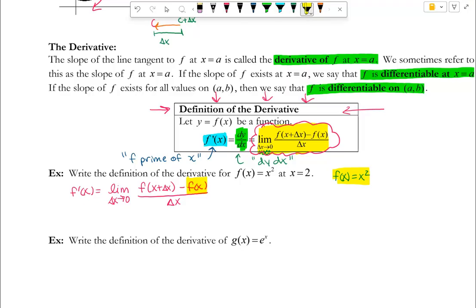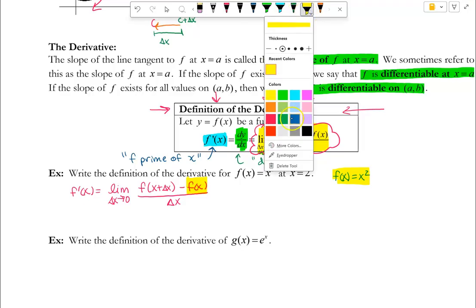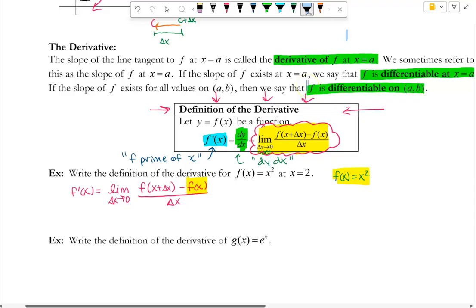But then I also need to replace f of x plus delta x. So it helps me a lot to write this out to the side. I'm going to take my function x squared, and wherever I see an x, I'm now going to make it x plus delta x instead. So f of x plus delta x is just the quantity x plus delta x squared.